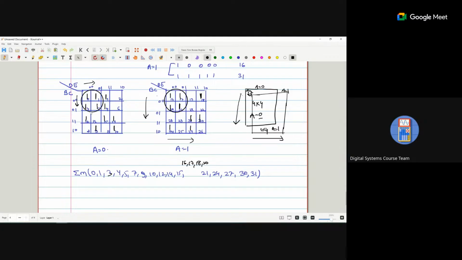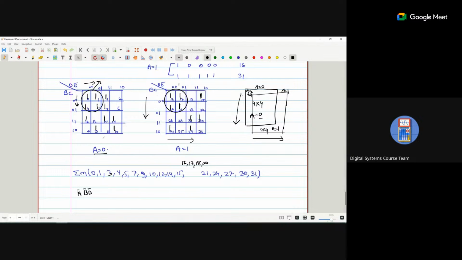Can you write the equation for this first one? What is the equation of this particular group? B bar D bar, along with A is 0, so we have A bar also.